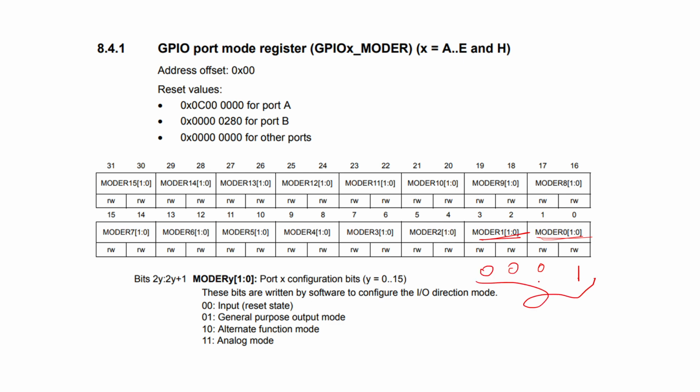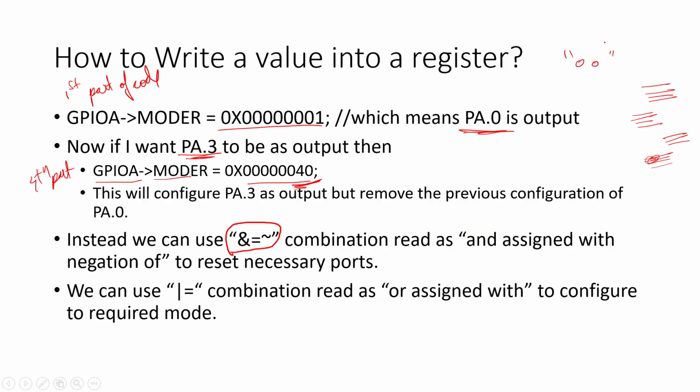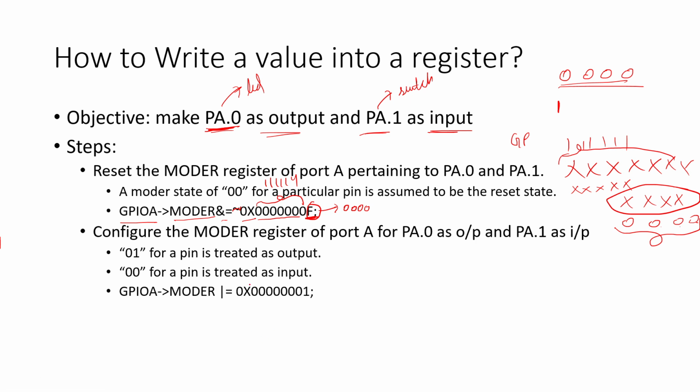So these are the 4 bits that need to be configured in the last 4 bits of the GPIO MODER register. In the previous section we have reset it to 00. Now you will make a bitwise OR with the desired value, so the desired value gets copied into the MODER register. So the updated MODER register will be 0001. This is what we desired. See, GPIOA arrow MODER will be bitwise ORed with 0x001.